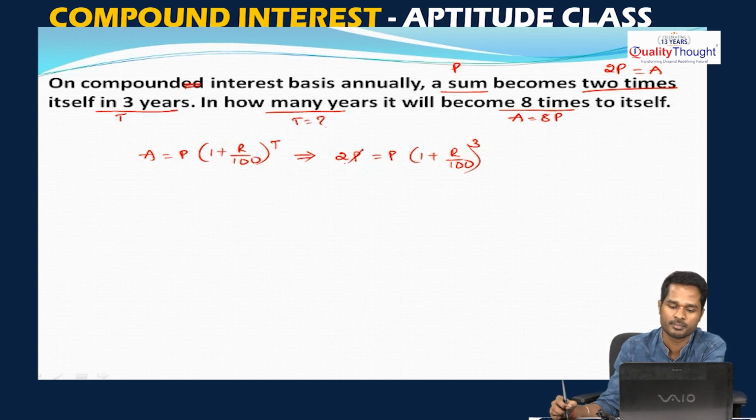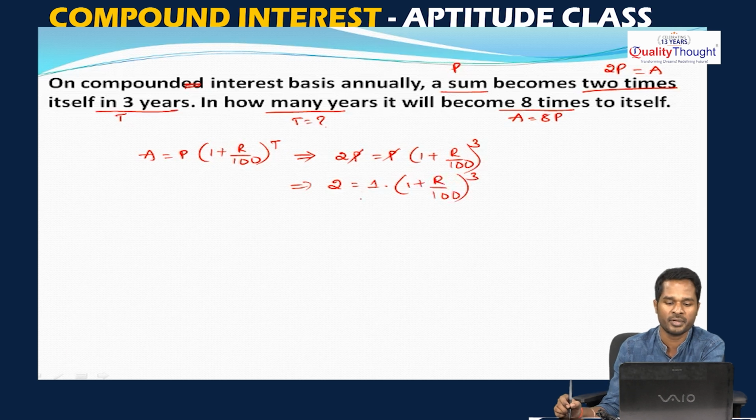Now, cancel this P. I can write here 2 is equal to, in the place of P, 1, because nothing is there means 1, into 1 plus R by 100 whole power 3.